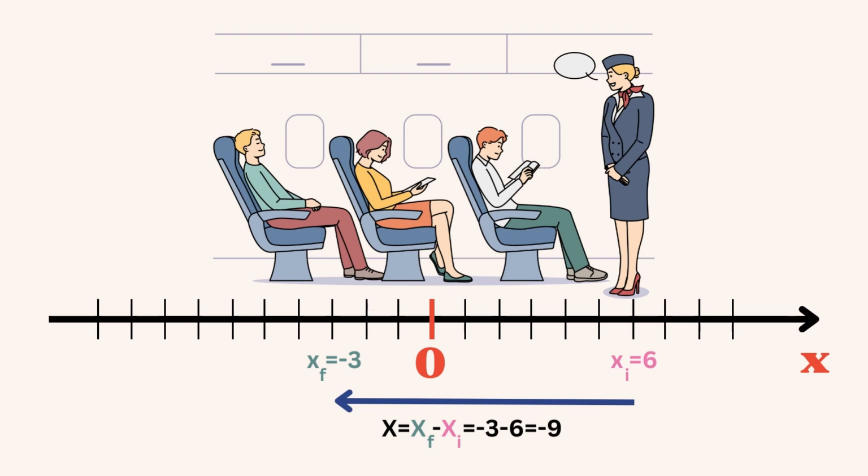You keep negative sign inside of the x final and inside of the x initial if they contain that. So in this case, x final equals -3, you keep that -3 there, negative sign there. So you put -3 minus just +6, which is -6, and that equals -9. Now displacement is a vectorial quantity.